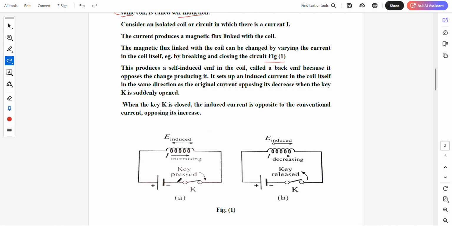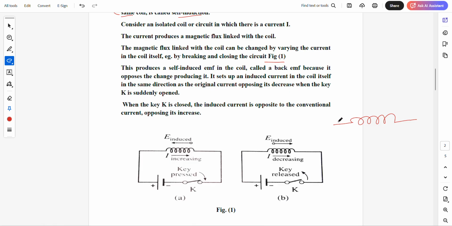Now here, what this paragraph in the theory is saying is, if I is increasing, what happens to the induced EMF? It opposes the very cause of it. E induced, I increasing. Now as soon as I decreases, E induced will be in the same direction. Let us consider a coil.